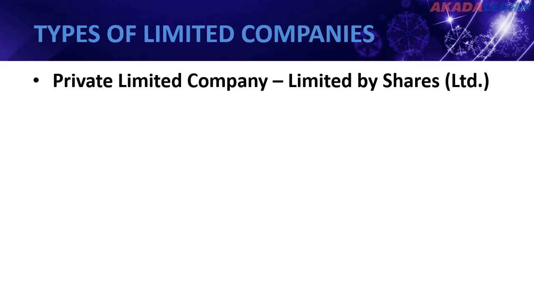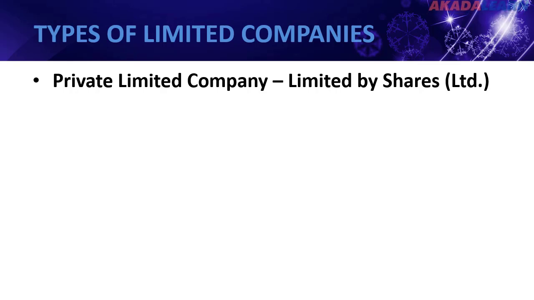Now let's move on to types of limited companies. The first we have is private limited company, that is limited by shares. A company owned by private shareholders whose liability or responsibility of the company is limited to their initial percentage of capital invested in the company.